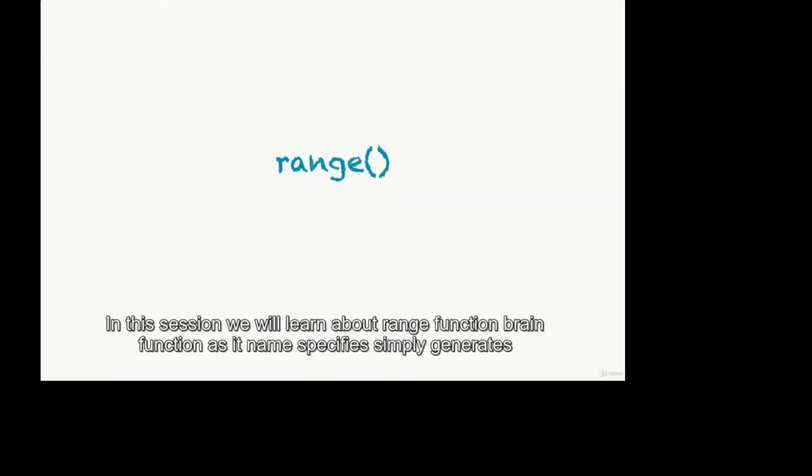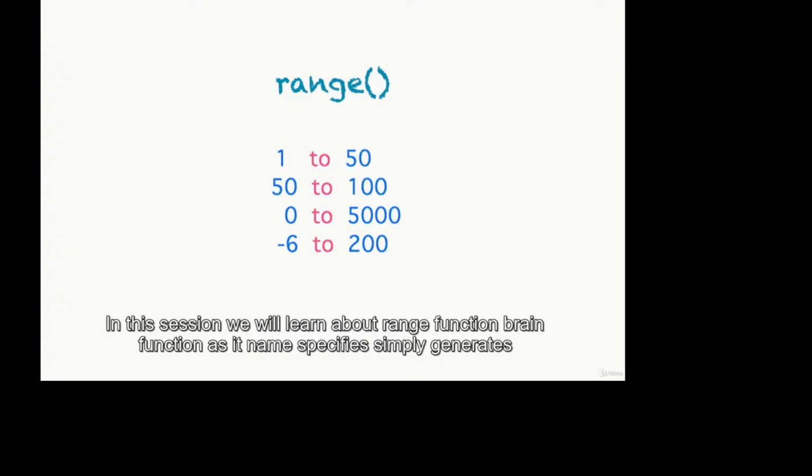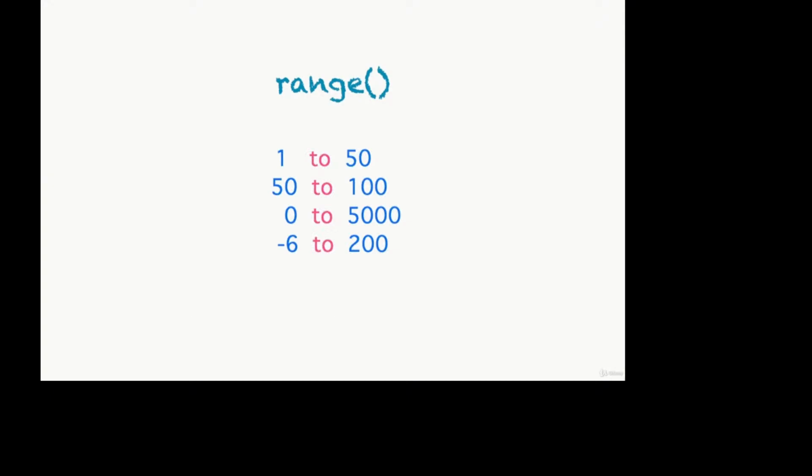In this session, we will learn about the range function. Range function, as its name specifies, simply generates a series of numbers. It can be from 1 to 50 or 50 to 100, or it can be from 0 to 5000 or -6 to 200.